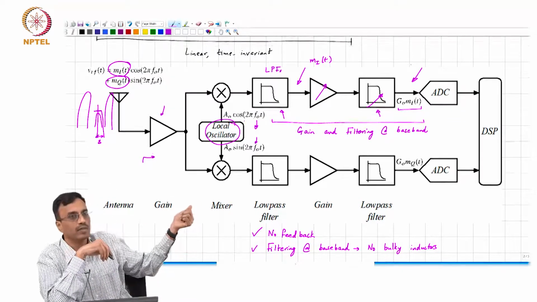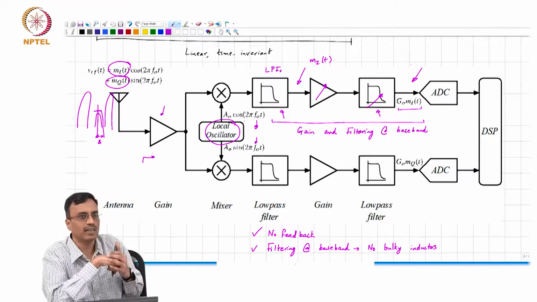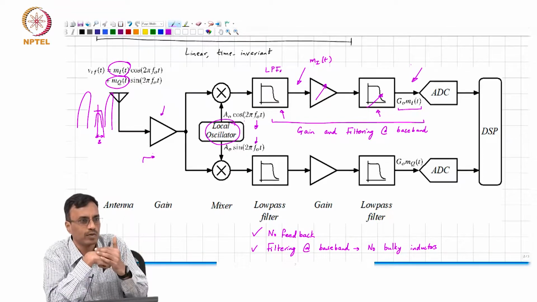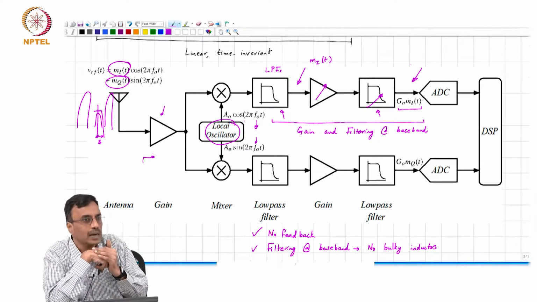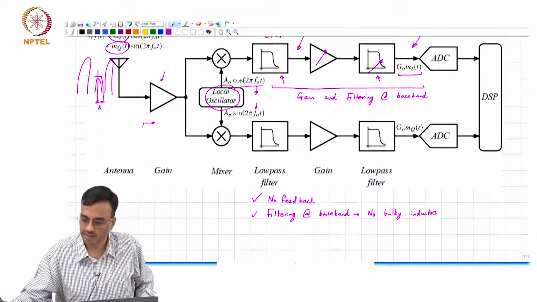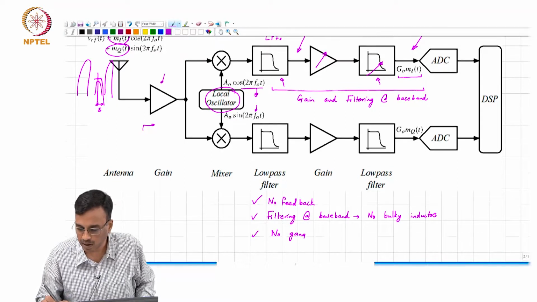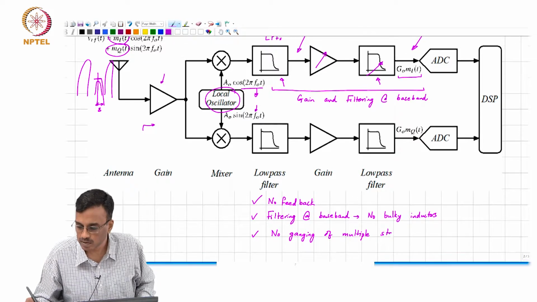It's the oscillator frequency. And it turns out that you can make the oscillator frequency very precise by using phase lock techniques. So there's no need for ganging of multiple stages.